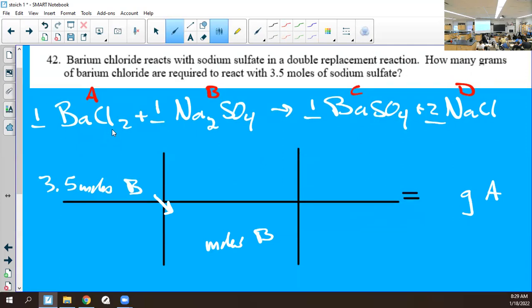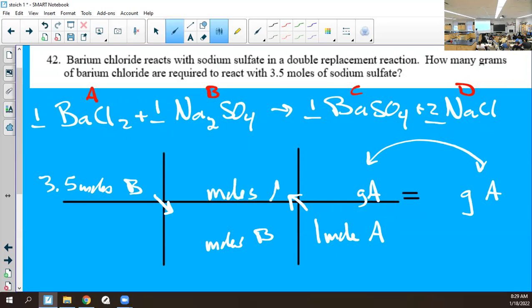I'm not just magically changing stuff. So the unit here always matches the unit here, grams of A. And anytime I write grams, it's per what? 1 mole of the same thing, which is barium chloride, but I'm just referring to it as A. Okay, that means what comes up here? What unit?